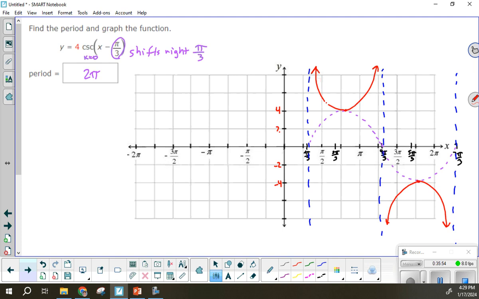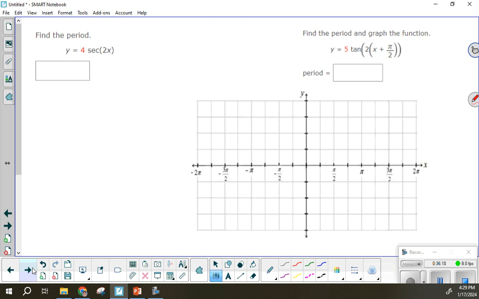That would be my cosecant function. It's the red. So for whatever reason, I have to graph these by first graphing their reciprocal functions, because in my brain, I just revert everything to sine and cosine. Okay, next one.